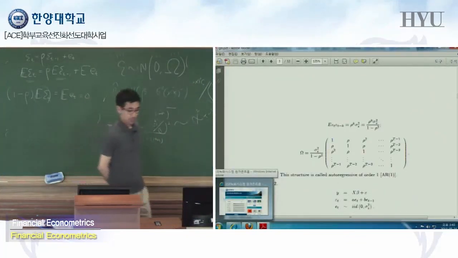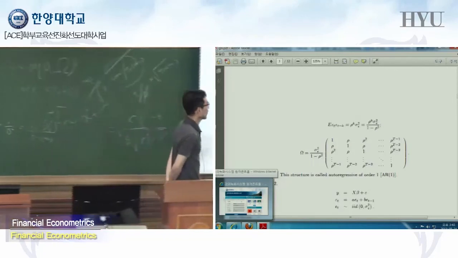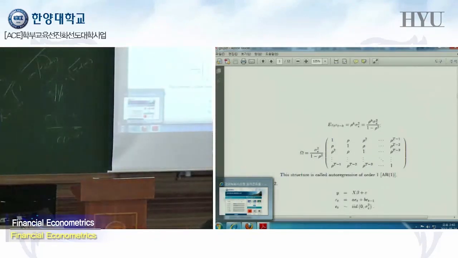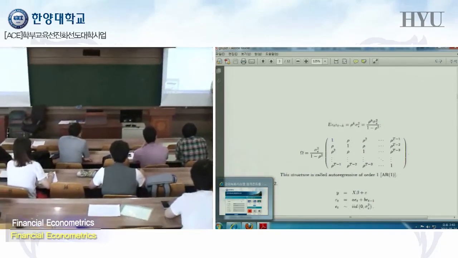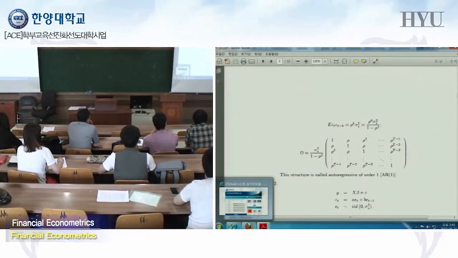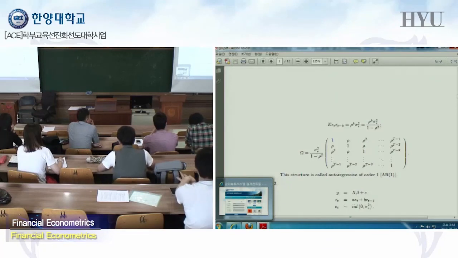Okay. The omega matrix has diagonal terms that are all sigma epsilon square, and we know sigma epsilon square should be sigma e square over 1 minus rho square. And the off-diagonal terms are basically the covariance between t and t minus k terms. And they are all rho to the k times the variance sigma epsilon square.